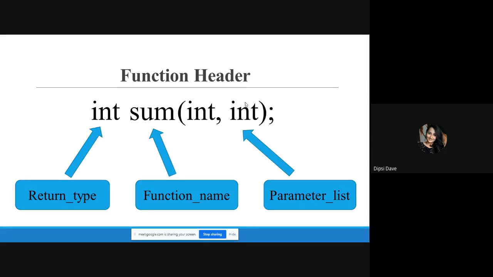At the time of function declaration, it is not necessary to write the variable names, but when we are expanding the declaration into definition, then we compulsorily need to write the variable names in the parameter list, right? So this is nothing but the function header. And at the end, we provide the semicolon.